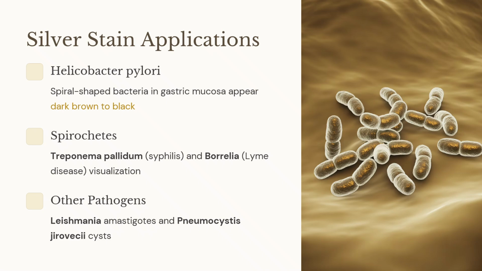First, we can remember it as silver spirals. H. pylori is a spiral shaped bacteria. The spirochetes such as Treponema pallidum and Borrelia are also spiral shaped. So silver spirals will help us to remember the spirochetes as well as H. pylori. Then the other mnemonic is silver shadow.